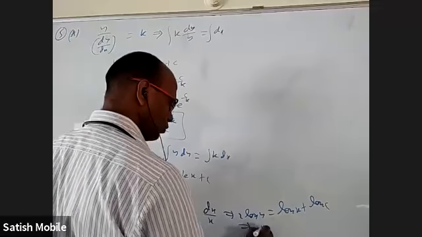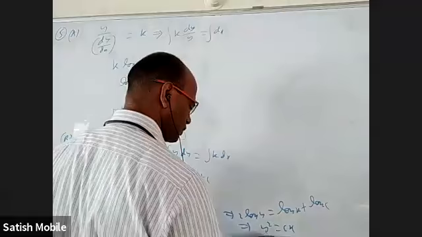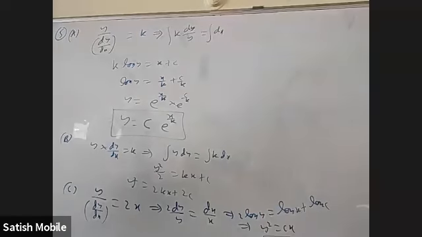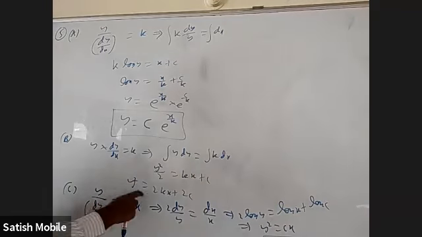That will give you y square is equal to cx. This is also a parabola. Of course, the two parabolas can be slightly different. This will cover all the parabolas with vertex at origin and axis x-axis. The earlier one will cover only axis x-axis.